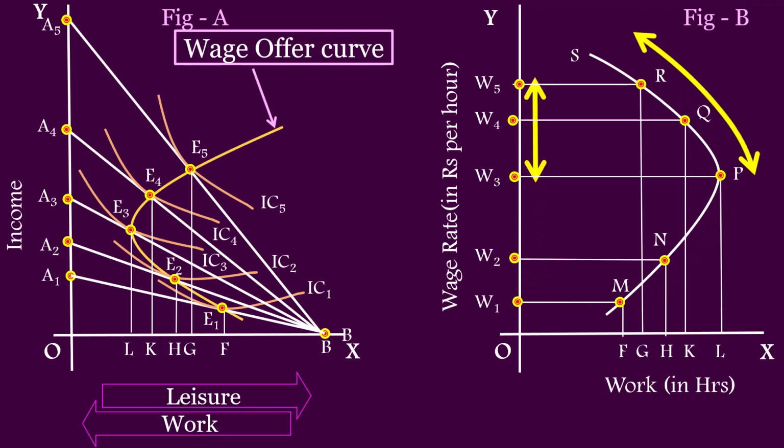Beyond W3, the supply curve of labor is sloping backward. This is because the negative income effect is stronger than the positive substitution effect. The laborer substitutes leisure in the place of income. Thus, the backward bending supply curve of labor is obtained.